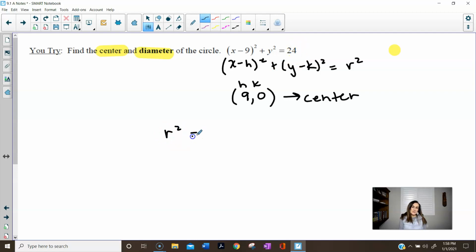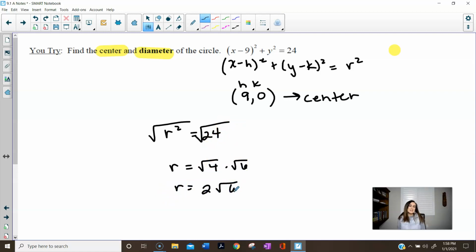So if r squared equals 24, then when I square root both sides, I would get the radius. So the radius is the square root of 4 times the square root of 6. That's 24, which is 2 root 6. Now, it asks for the diameter, and twice the radius is the diameter.